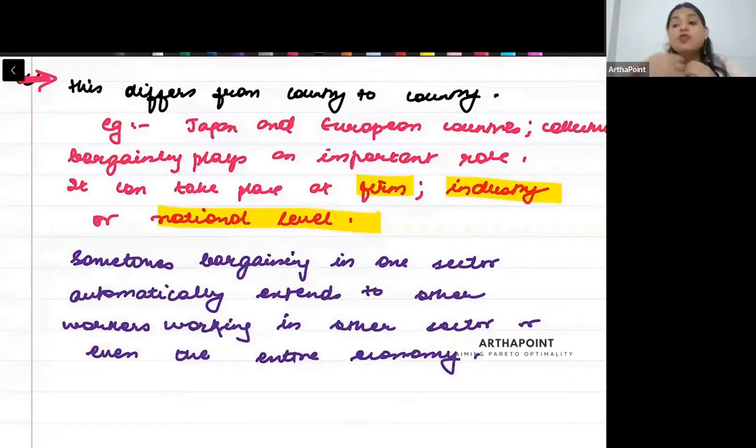So sometimes this movement starts in such a way that it simply extends to the entire economy. I will stop here for today.